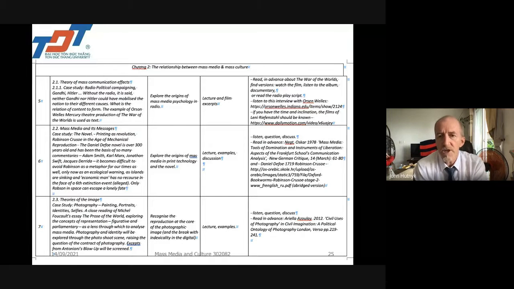He wrote A Journal of the Plague Year, which has been discussed a lot just recently because of the plague, the pandemic, COVID. But he's also the person who wrote Robinson Crusoe, which is really crucial for thinking about Western capitalism and individual initiative and so on.